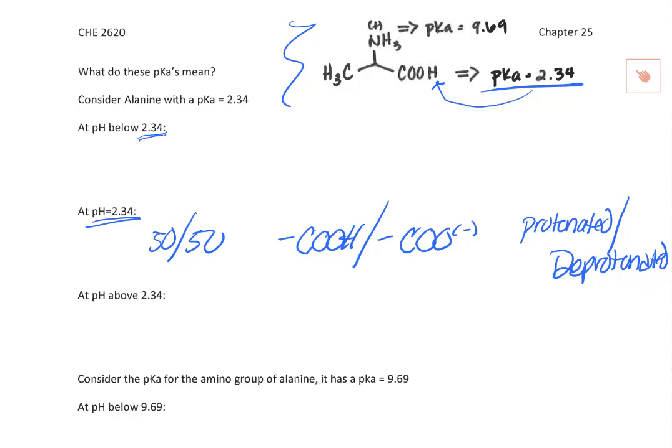Below that pH of 2.34, your solution is very acidic. And if your solution is very acidic, then everything should be protonated. So your COOH will be 100% protonated.